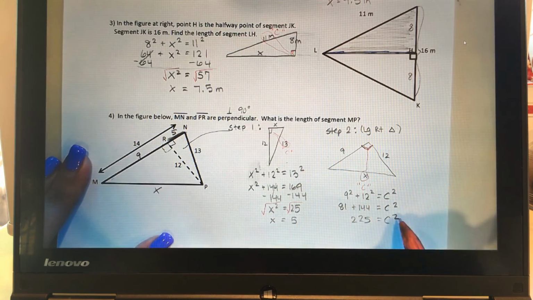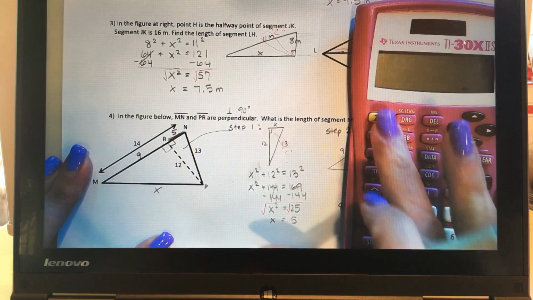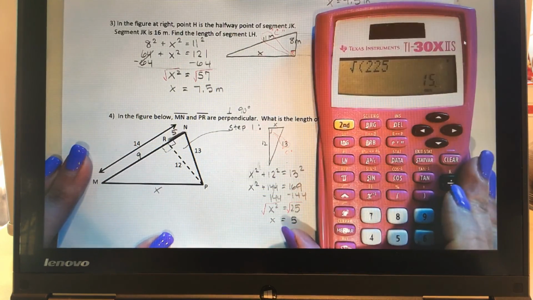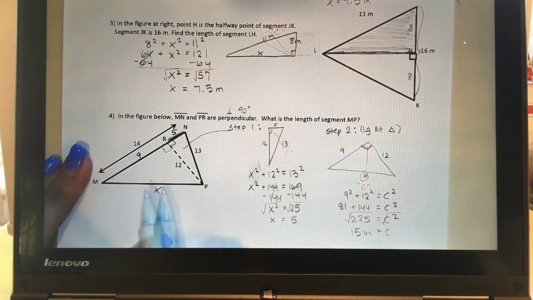And when we take the square root of that on both sides, 225 is actually a perfect square. The square root of that is 15. Okay, so C is equal to 15. We didn't have any labels here, so I'm going to just call it 15 units. Okay, so that was our missing side there.